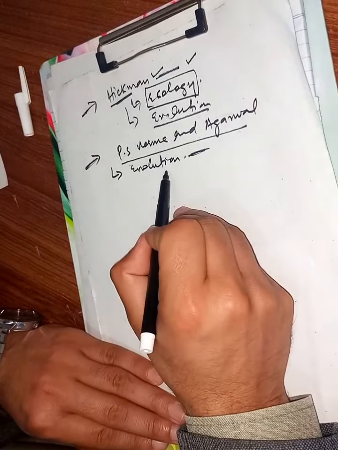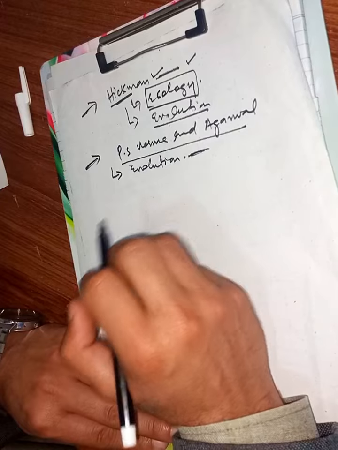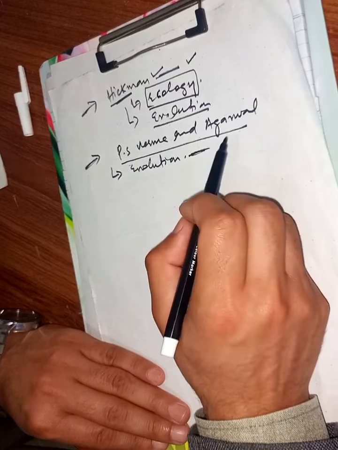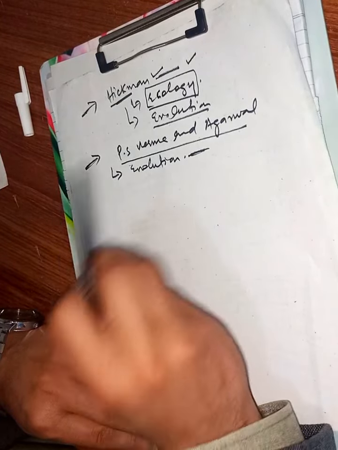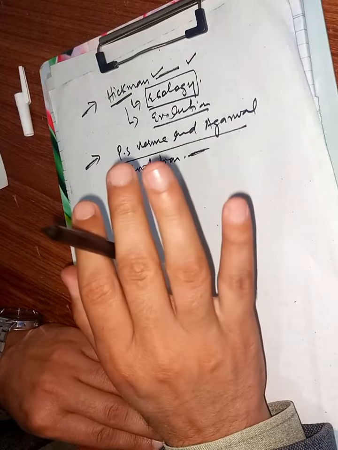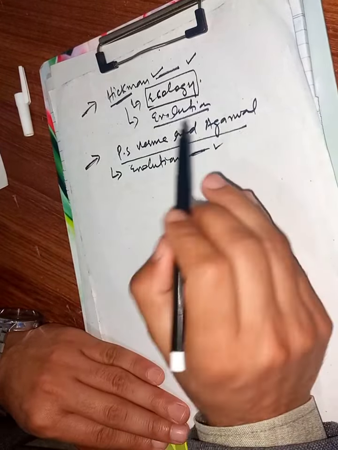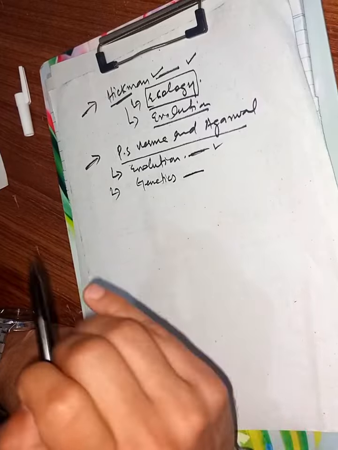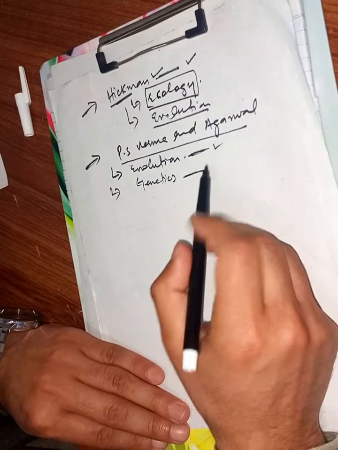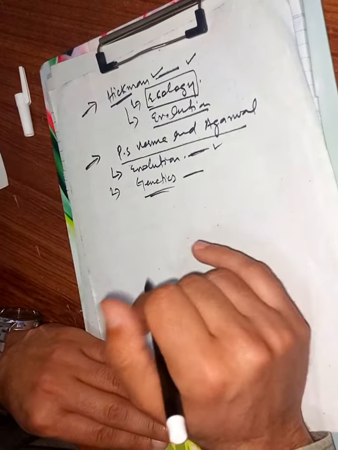Okay, almost all theories are mentioned here, and they have provided proper criticism for a particular theory and a very reasonable, practical ground for believing in evolution. Okay, and similarly, the genetics mentioned in this book is also excellent.